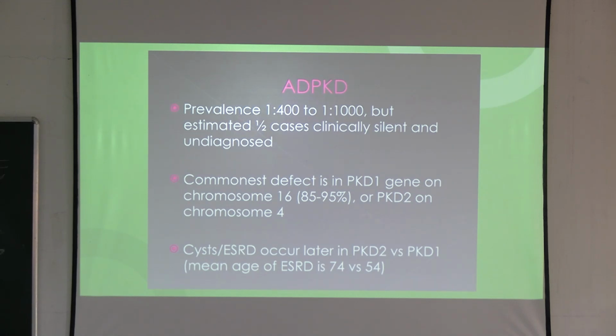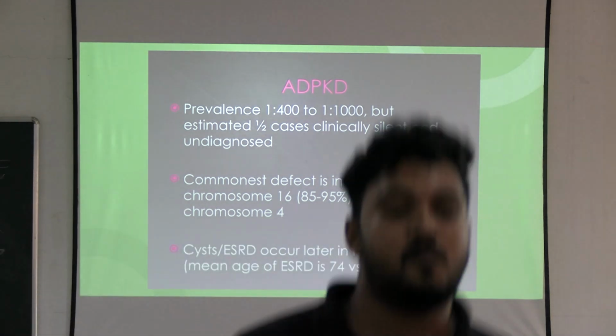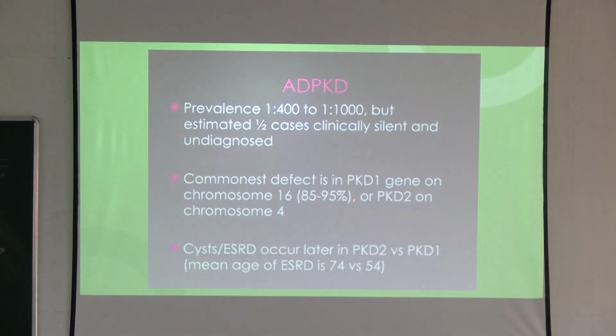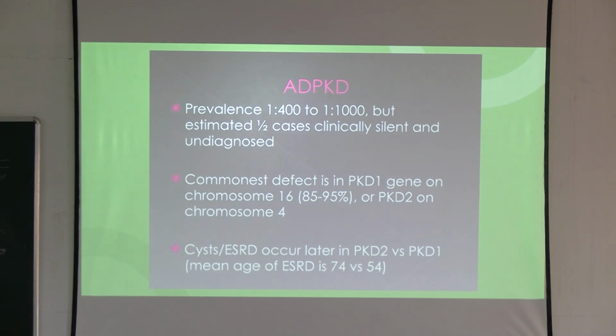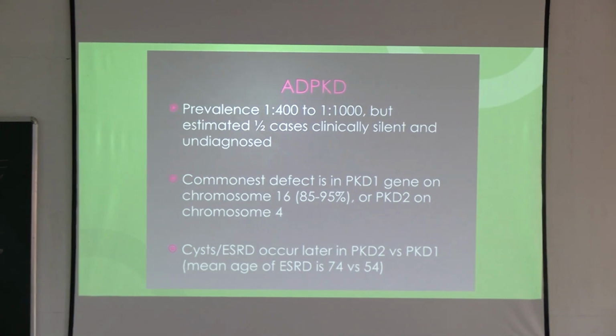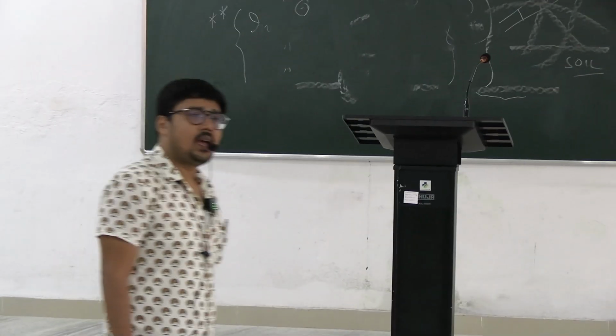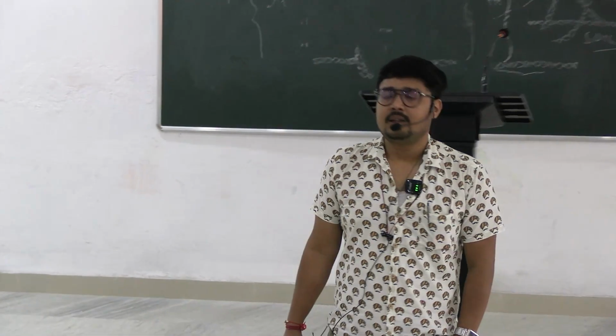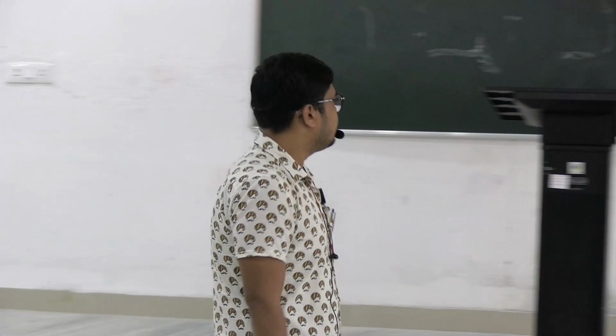It is the most common, most prevalent cystic disease of kidney, and it generally occurs in adulthood, or the diagnosis is done in adulthood, with a dominant type of inheritance pattern. So it is called adult dominant polycystic kidney disease, ADPKD.